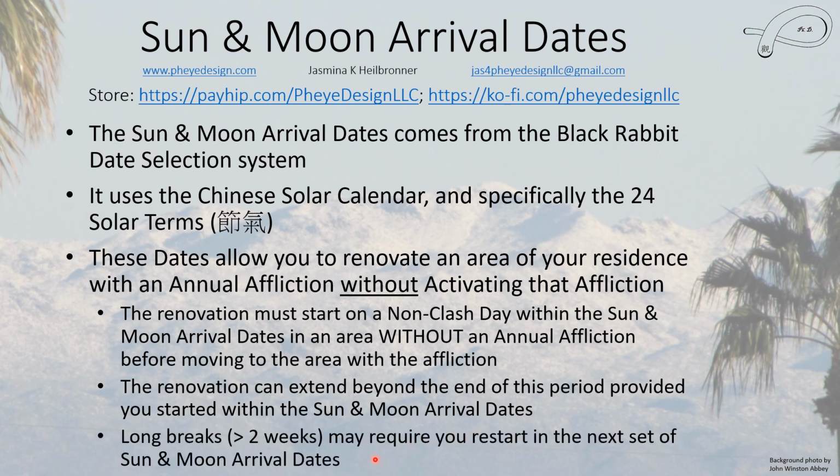However, if you have long breaks of more than 2 weeks of no activity, you may have to restart in the next sun and moon arrival dates to be safe. But there are ways to keep the renovation going too, even if for some reason, maybe supply problems or something, delays things. You can take actions that keep this going.